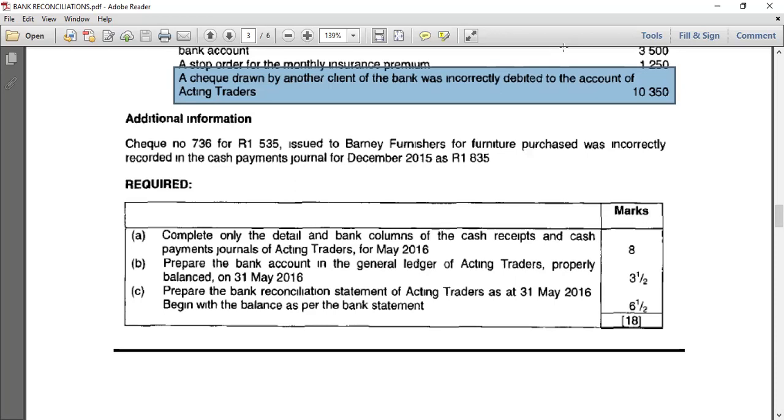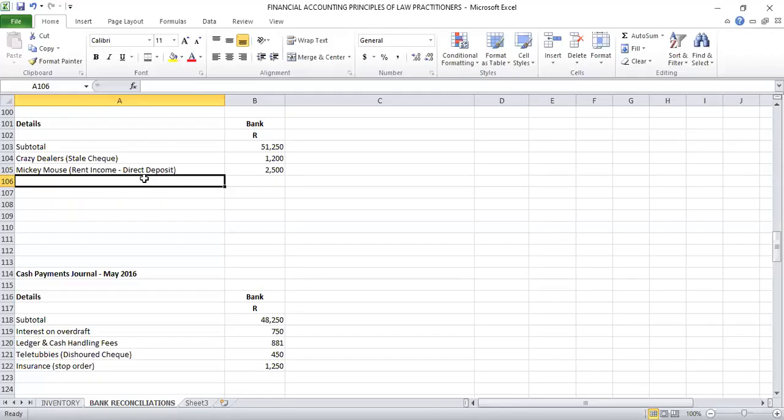So we have got overstated payment. So there's a part of the payment that is to be cancelled. So we record it as a receipt. That is the difference only. 1835 minus 1535.